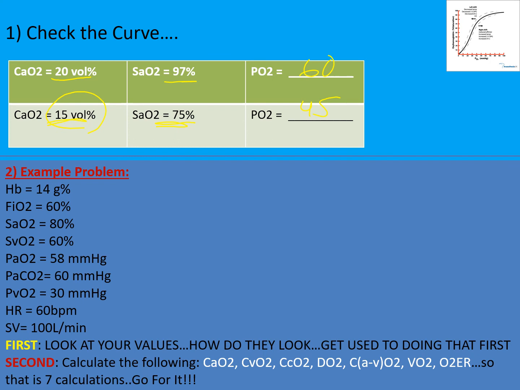Okay. Example problem. All right, so look at the bottom. There is a little typo here. Remember that cardiac output, so QT equals stroke volume times heart rate.